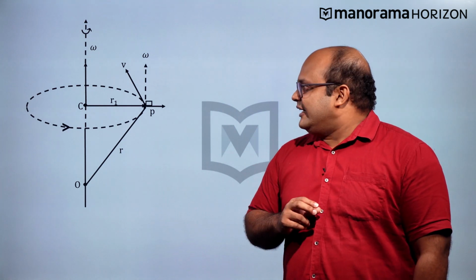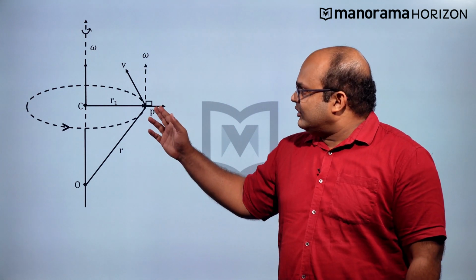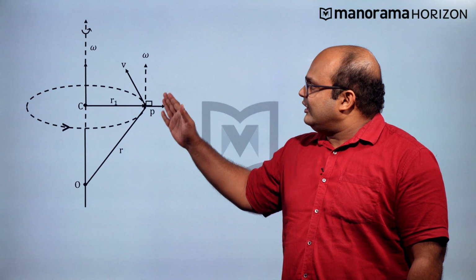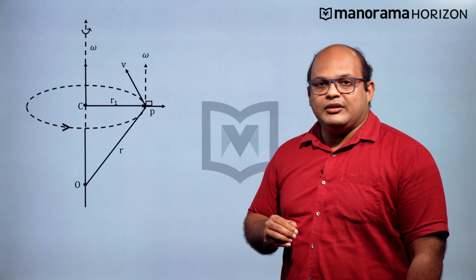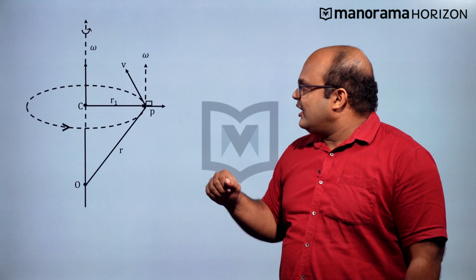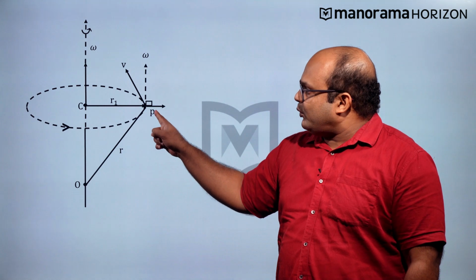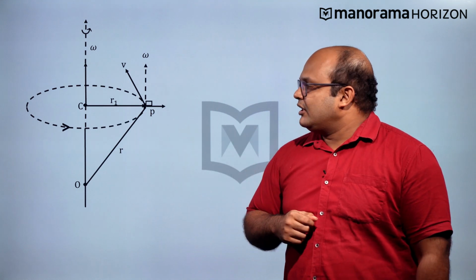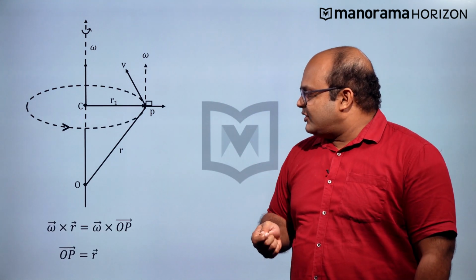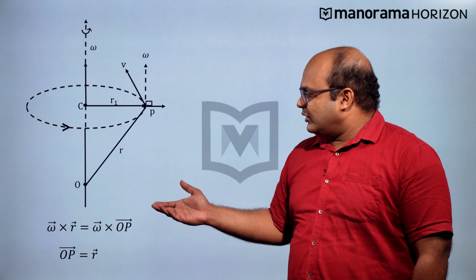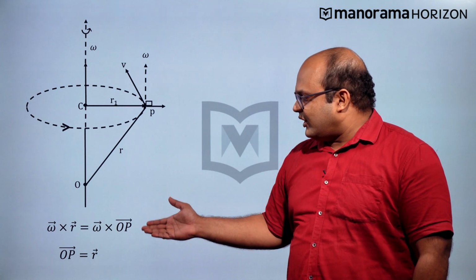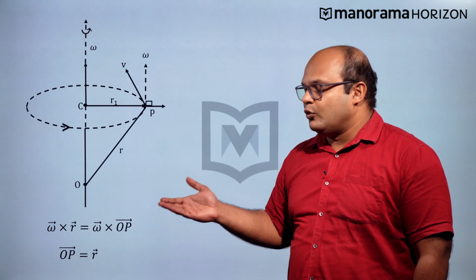Looking at this in a little more detail, we are looking at different vectors here. We have the rotation vector, that is omega. We have the tangential vector, which is v, and we have the distance of this point from the center of rotation given by r1. So in this case, if we observe the formula, we notice that omega cross r is equal to omega multiplied by OP.